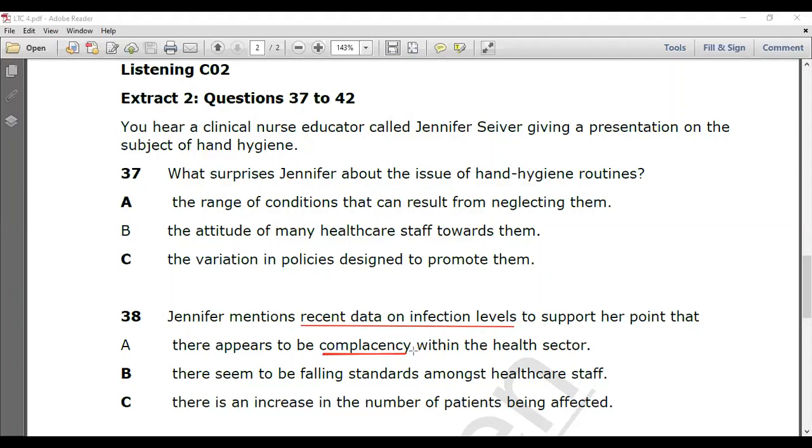What does it mean? What does the word complacency mean? Any idea?